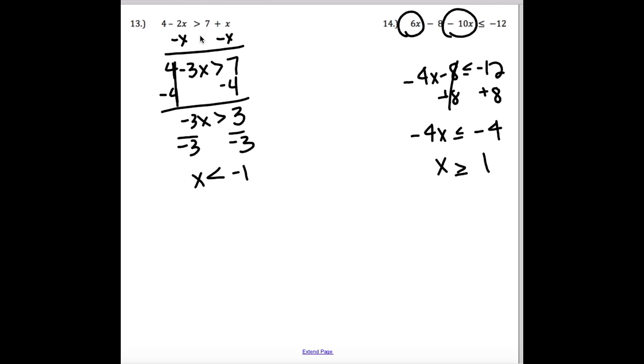You may have chosen to do this work in a different order, but you still should have ended up with x is less than -1. On 14, the first step is to combine like terms. 6x and -10x combine to be -4x. Once I combine like terms, I add 8 to both sides. And then on the last step, I divided both sides by -4. So again, I flipped the sign to have x is greater than 1.